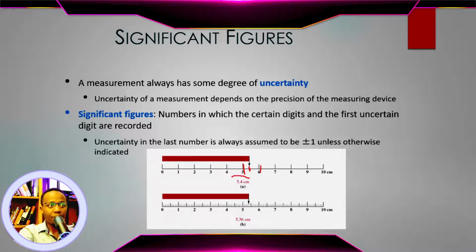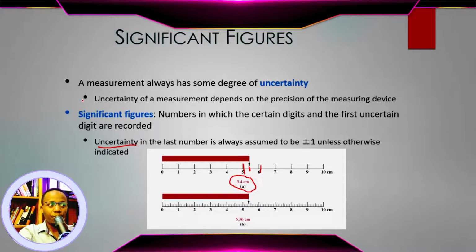You can say 5.4, but you can't say 5.48 or 5.479. You can't be sure of that. You will be uncertain. So the uncertainty in the last number is assumed to be plus or minus 1. This is where we come up with what we call significant figures.